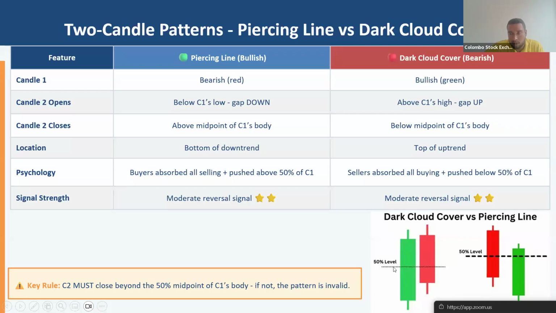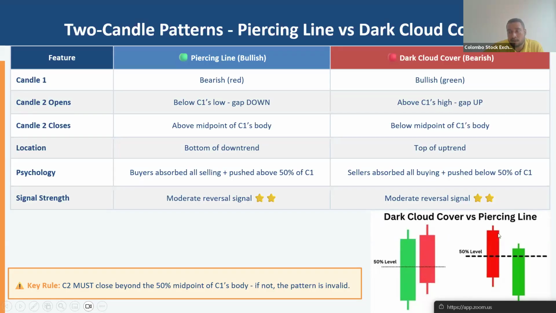And that second candle has closed below that midpoint of the first candle. So that's called a dark cloud cover. That is bearish. That means sellers absorbed all buying and pushed below the 50% of candle one. That's bearish. This is okay to use to confirm a continuation of a trend, not a reversal.